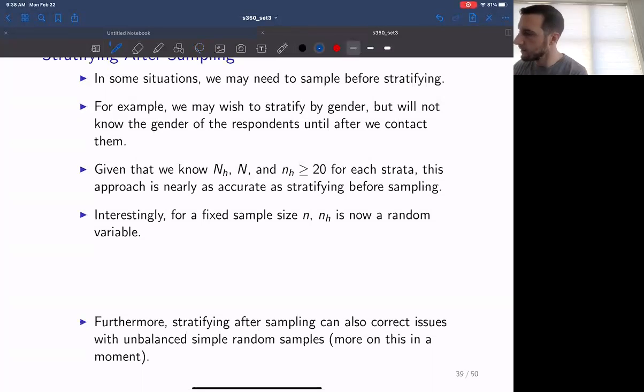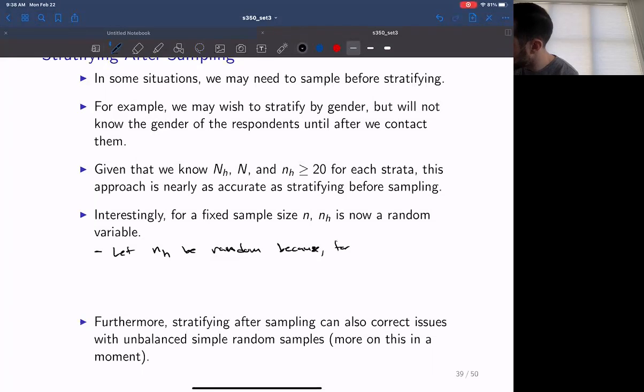Okay, so we have here, let little nh be random, because for a fixed n, the values can now change.